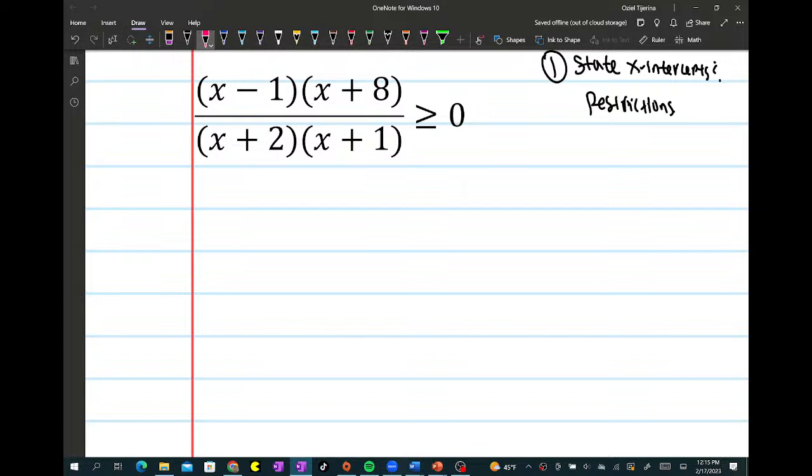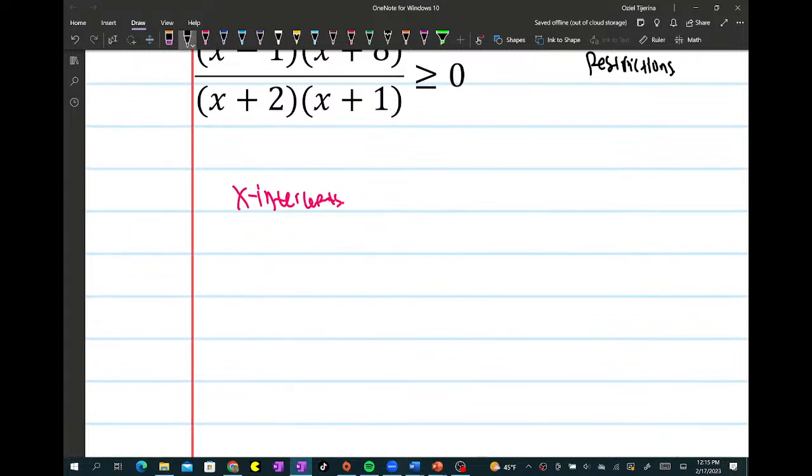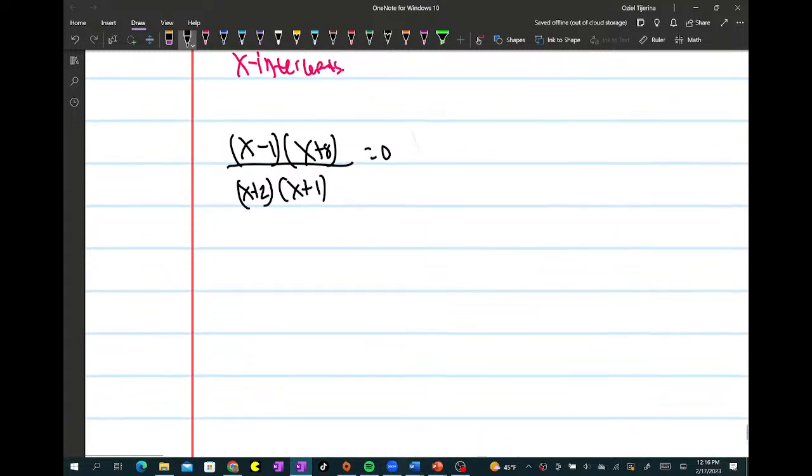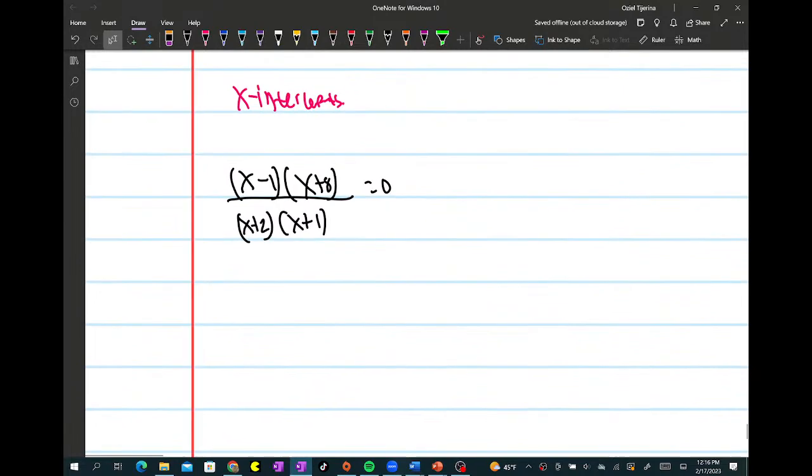So let's go ahead and do that. Of course, this is where you make y equal to 0, so basically make the expression equal to 0. We have x minus 1 times x plus 8 over x plus 2 times x plus 1 equals 0. Now you want to solve for x.